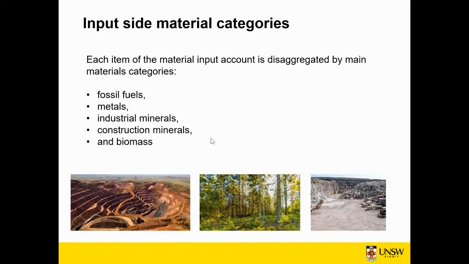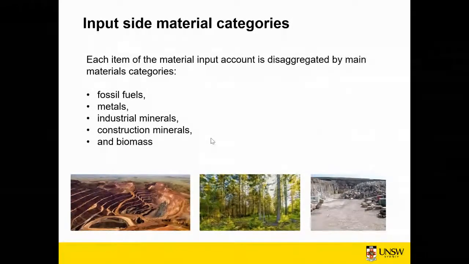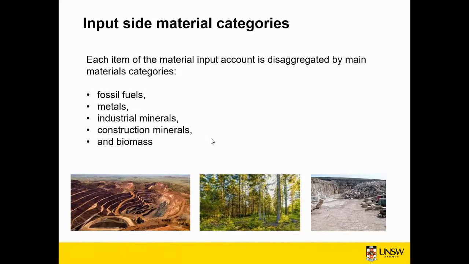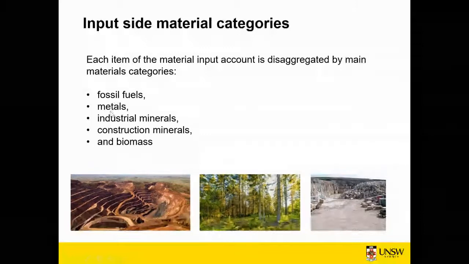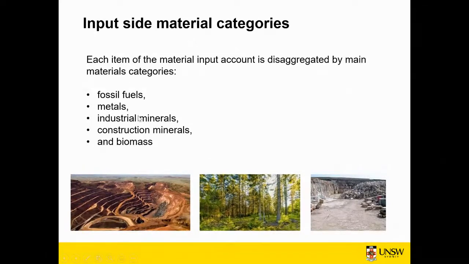And then when they do that, they try to break it down into different material categories, as we saw before in that example, which has ores and biological materials. So the typical categories that they look at are fossil fuels, metals, industrial minerals, which are non-metallic minerals used in industry, construction minerals, which are non-metallic minerals used in the construction industry, and biomass.